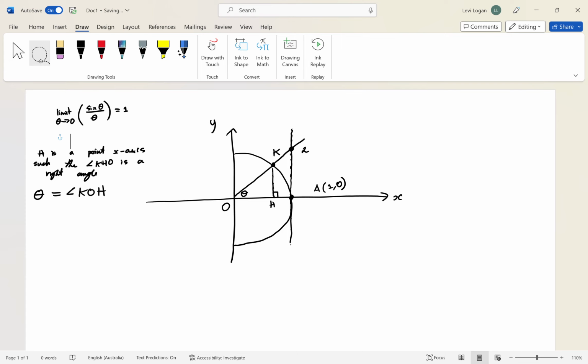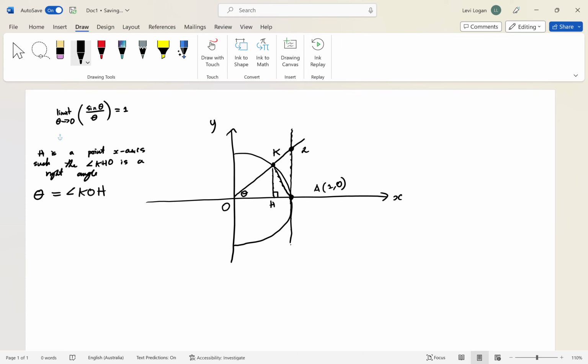And basically, we want to find an expression for this triangle OKA. So there's a triangle here. So I'm just going to draw another line there. The point A is (1, 0).